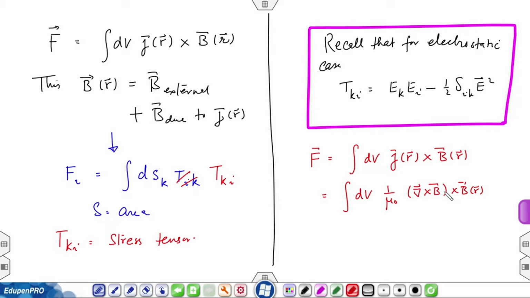So, this is fine. And if I want to calculate f_i, it will be equal to integration dV 1 over mu 0 curl of B crossed with B, ith component. And this is what we want to show is like a force arising out of a stress tensor.